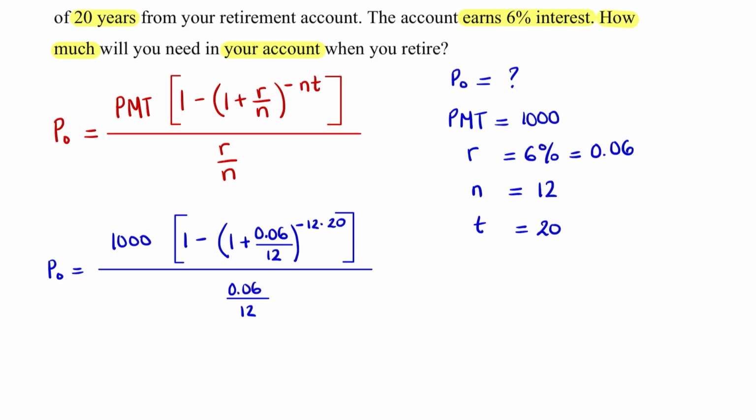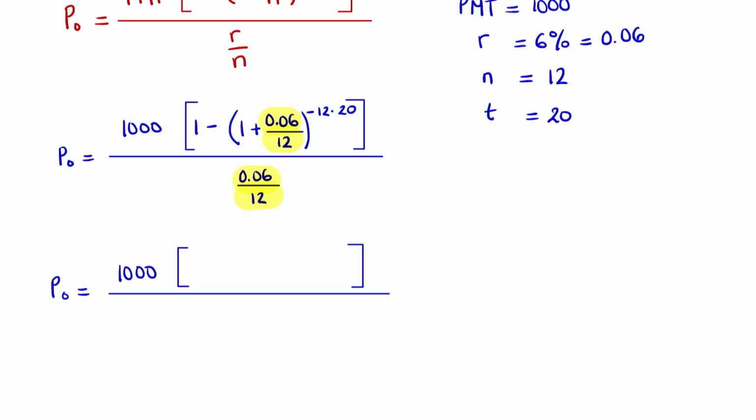Next, I will simplify this fraction. 0.06 divided by 12 is 0.005.